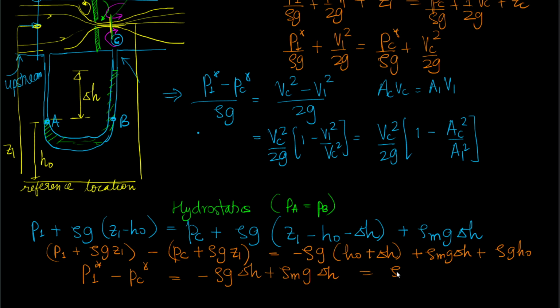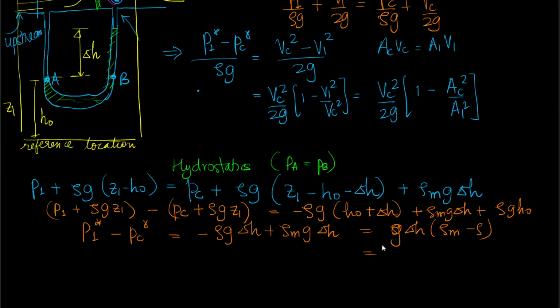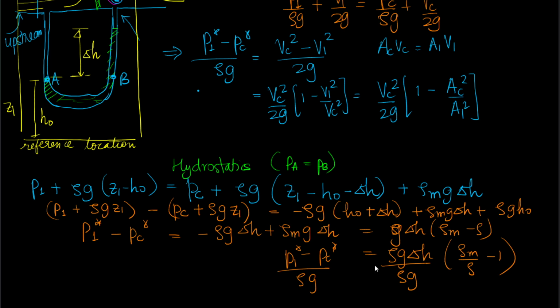Essentially this is g delta H (rho M minus rho), or if I take rho outside, it will be rho g delta H (rho M upon rho minus 1). So P1 star minus PC star upon rho g will be this expression divided by rho g, because this is what the equation is, and I can divide everything by rho g.